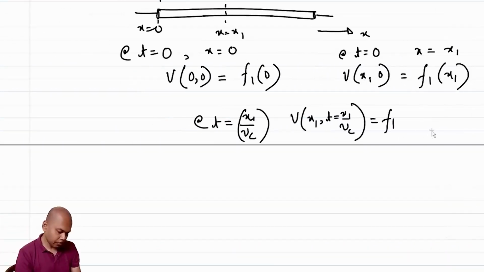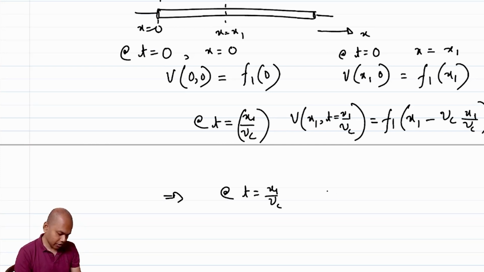This will be equal to f1 of x1 minus vc times x1 by vc, which means at t equal to x1 by vc, or let me just write t equal to t1, v of x1 comma t1 is equal to f1 of 0.